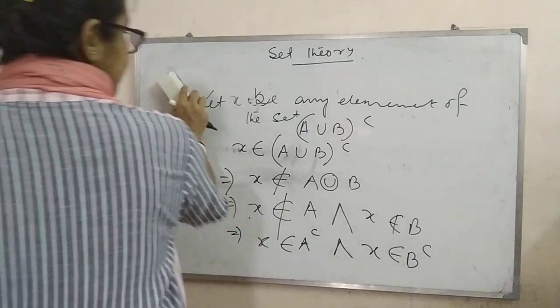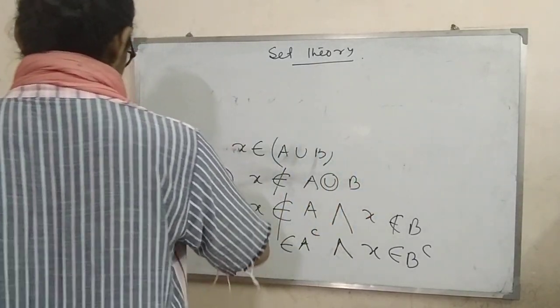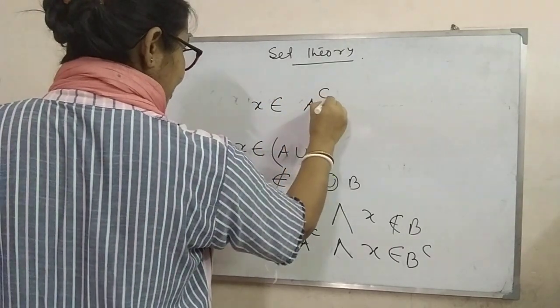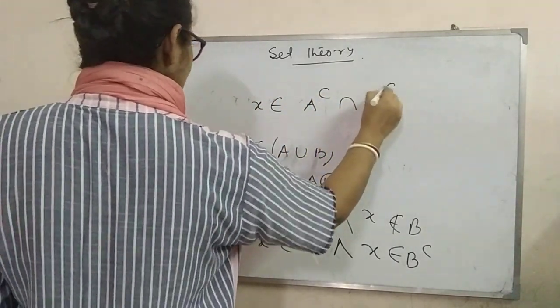That means X belongs to A complement intersection B complement.